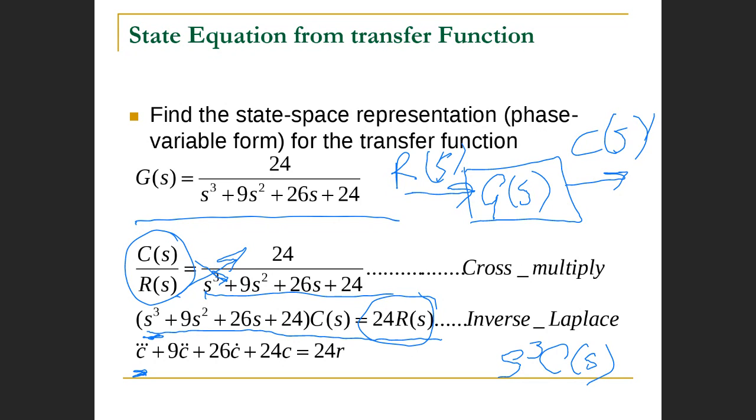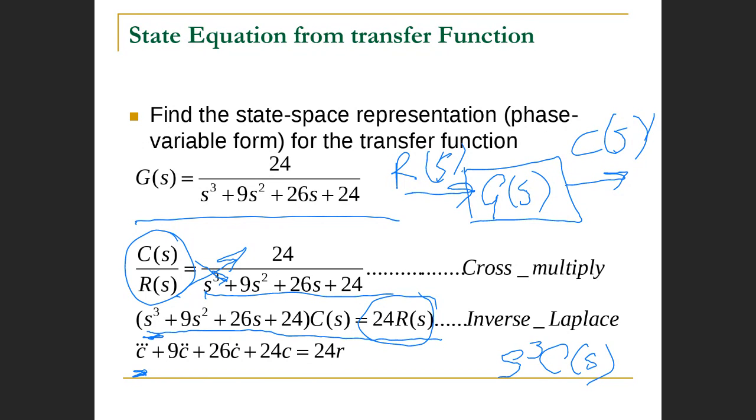Now, my other question is this: how are we going to select the state variables? We need 3 of them. How are we going to select our state variables to achieve the outcome? Go ahead, Williams.